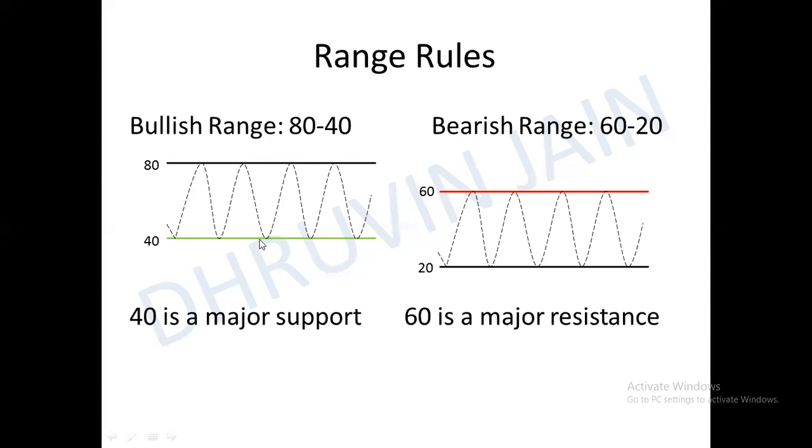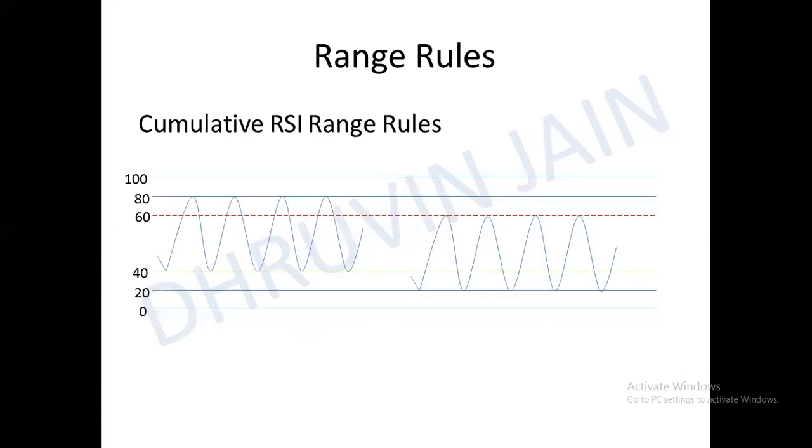Now you guys will question me: why 66.6 and 33.3? I will prefer that this is your homework, or I leave it for your own self study. I'll just give you the clue behind it.